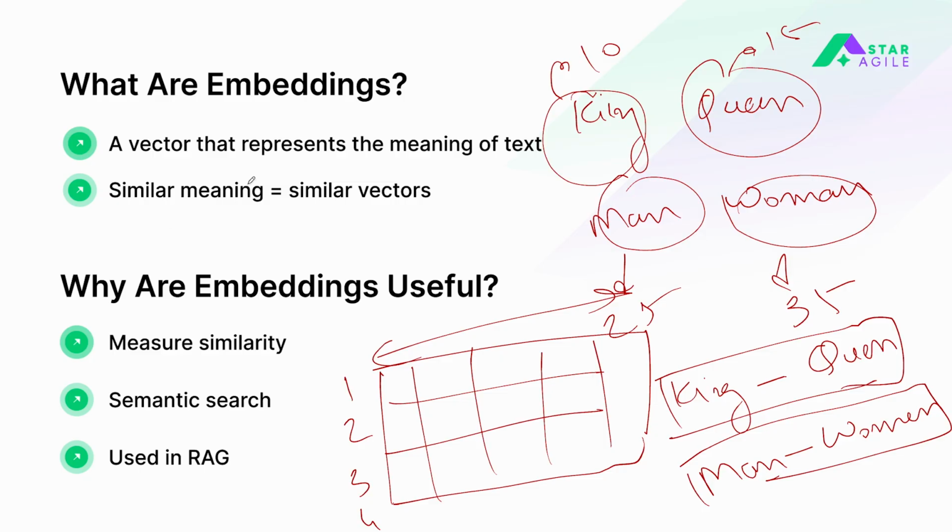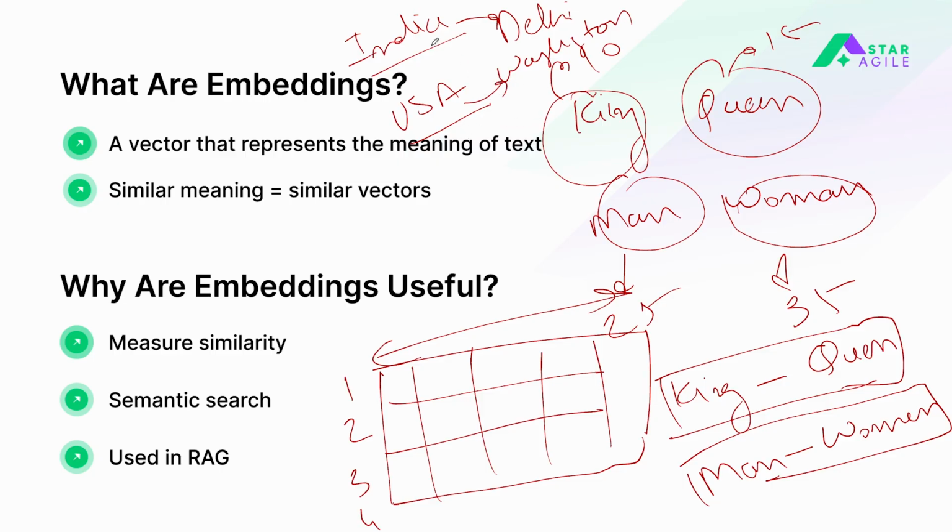And not only this, if you take another example, let's take words like India, Delhi, USA, and Washington. We know that India is a country, USA is a country, Delhi is the capital of India, and Washington is the capital of USA.